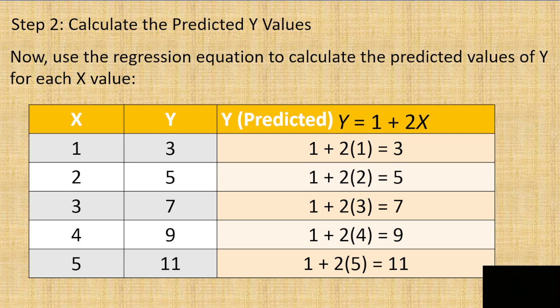So 2 times 1 plus 1, that is 3. And 2 times 2 plus 1, that is 5. 2 times 3 plus 1, that is 7. 2 times 4 plus 1, that is 9. 2 times 5 plus 1, that is 11. So those are our predicted y values.